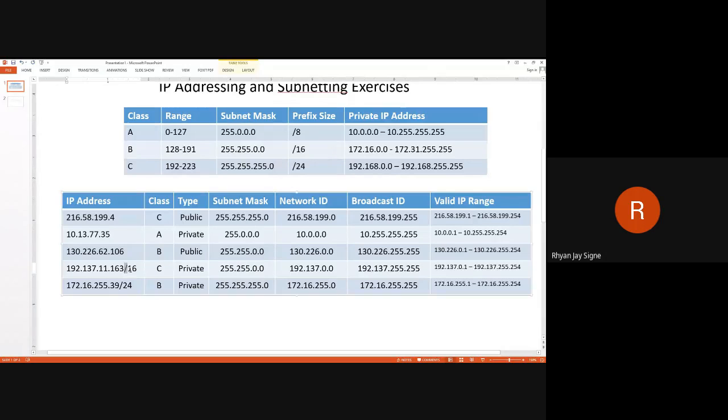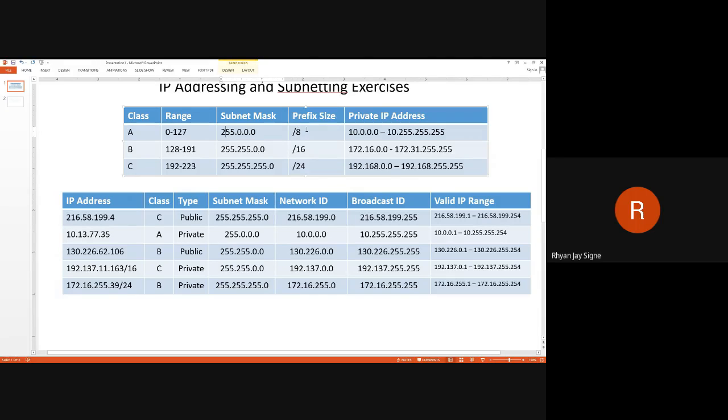Item number 4 and 5. Kani siyang subnet mask, associated or pwede na siya i-refer as prefix size niya. Meaning, this is the total number of network bits. So kani siya 255, this is 8, di ba? 8 network bits.